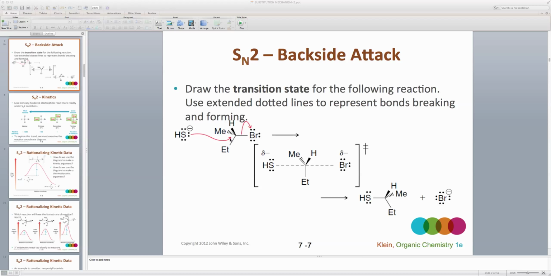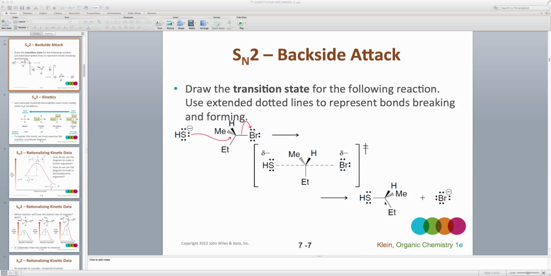Notice though the inversion is complete. So the hydrogen's coming out of the plane, the methyl's going into the plane. And if you're approaching it from left to right, the methyl, the hydrogen, the ethyl are all pointing to the left.